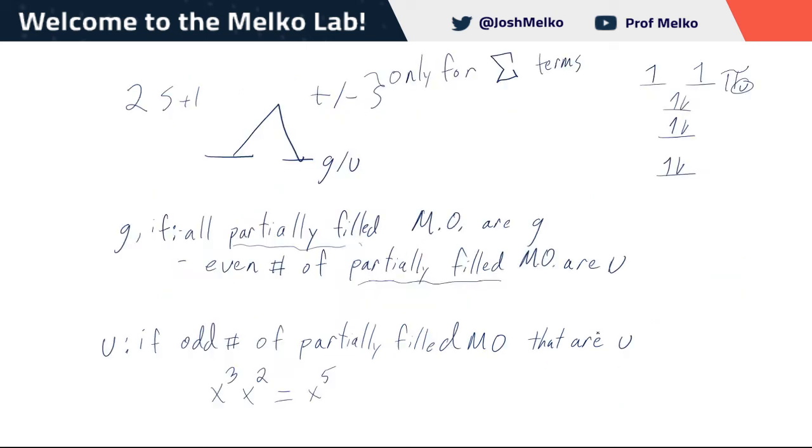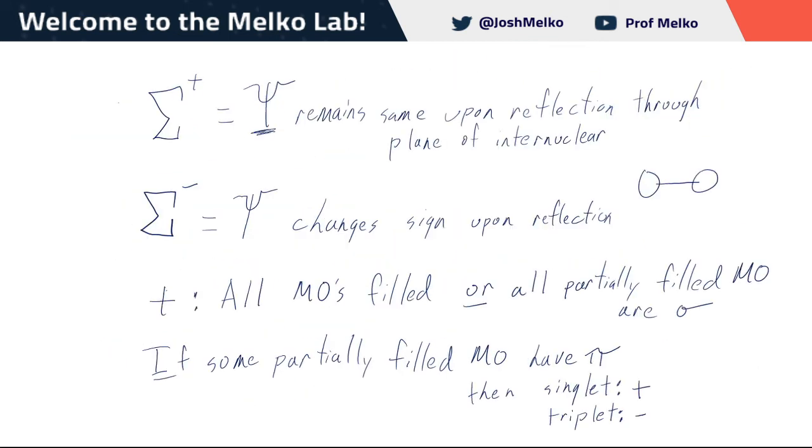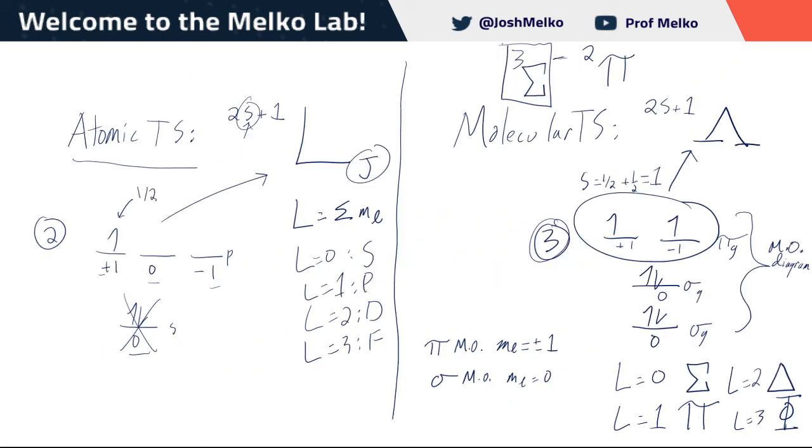Okay, so going back to this example, where we had 3 sigma, we can identify this one actually as a 3 sigma minus. Why? Because these partially filled molecular orbitals that have pi character form a triplet, 2 unpaired electrons. It doesn't matter if it's a doublet, because if it's a doublet, it's not going to be sigma.